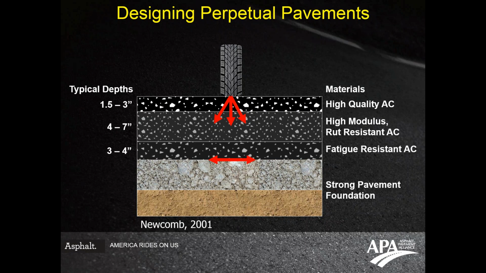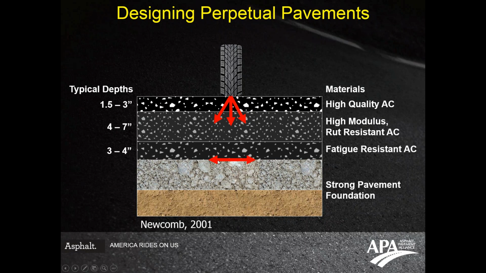Maybe that's an SMA, maybe an open graded layer to provide good drainage and good safety conditions at the surface. Deeper in the structure, we want high modulus, rut resistant materials. Here we can take advantage of increasing the RAP content to be very rut resistant. There are all kinds of options at those depths.